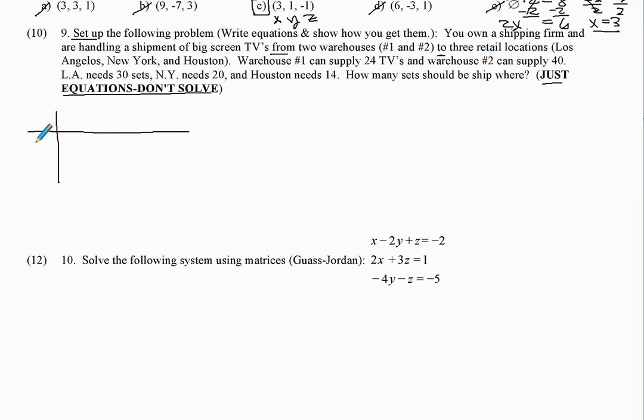So this is our from. It can be from warehouse number 1 or from warehouse number 2. And they can go to either Los Angeles, New York, or Houston. So LA, New York, or Houston.